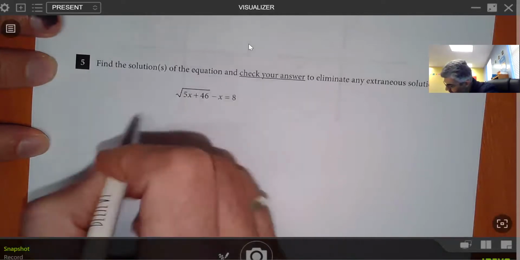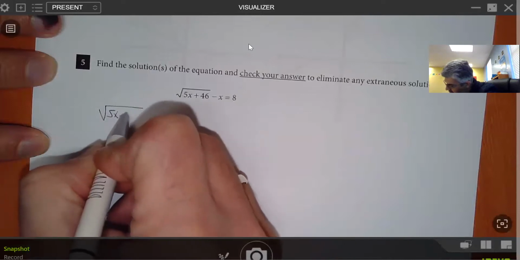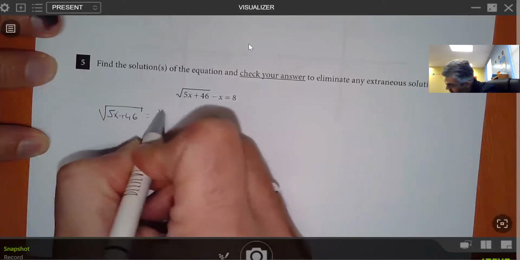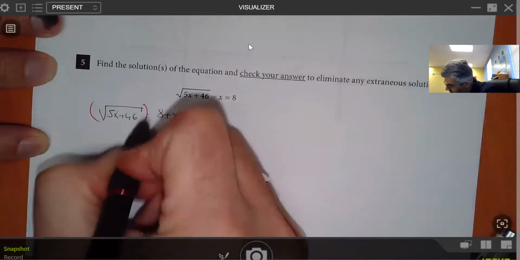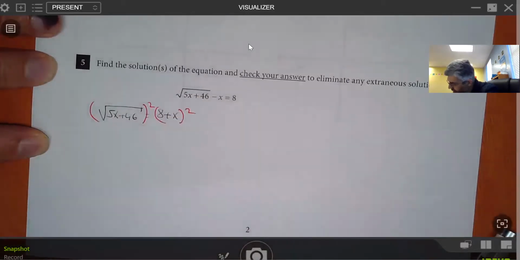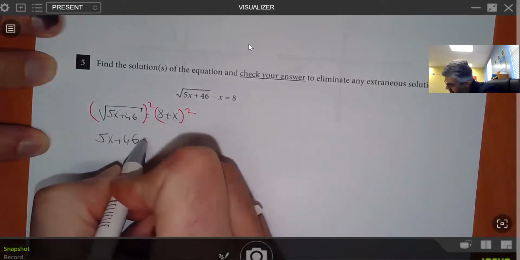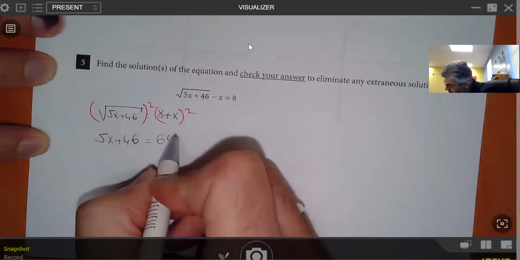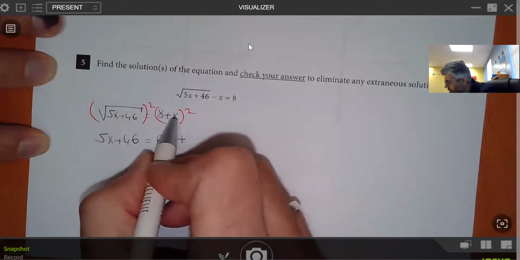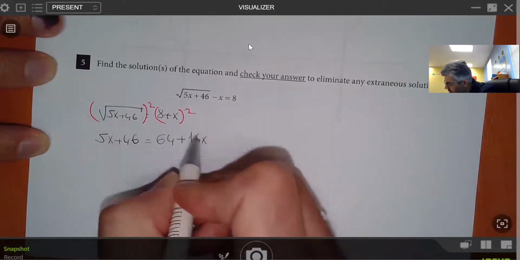We isolate it, right? So we have root 5x plus 46 equals 8 plus x. I take the square of both sides. And I have here 5x plus 46 on the left side. On the right side, 8 squared is 64 plus 2 times a times b is 16x, plus x squared.